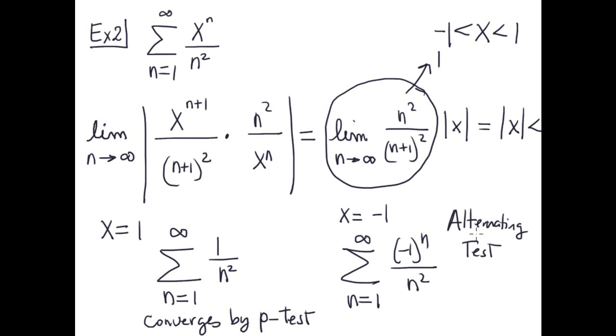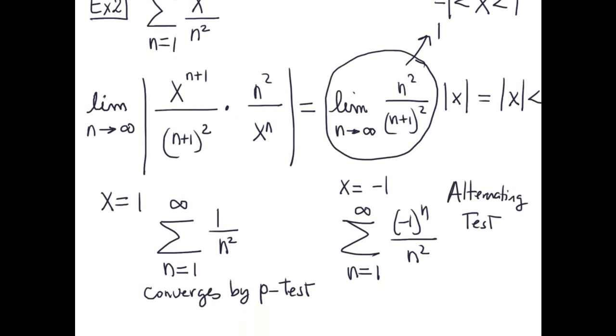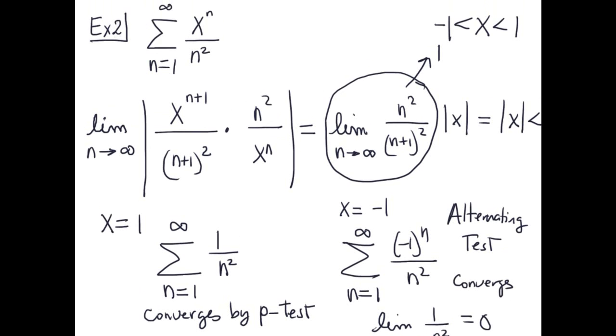It's obviously convergent because it's decreasing, and the limit when n approaches infinity of b_n, which is 1 over n squared, is 0. So this also converges by the alternating test.